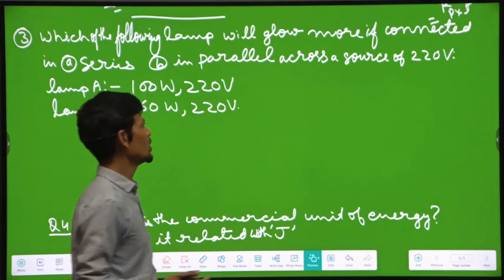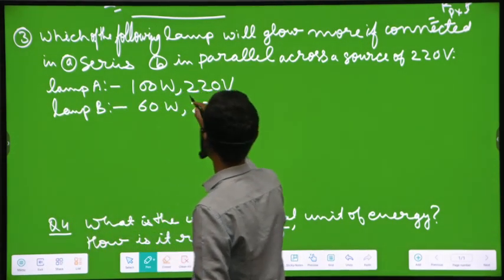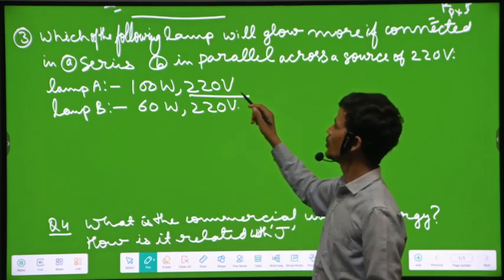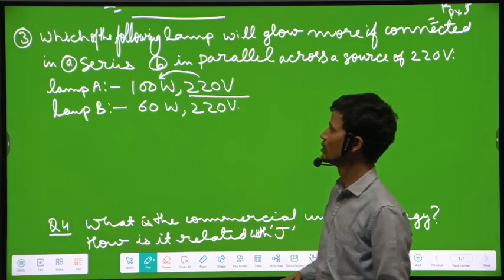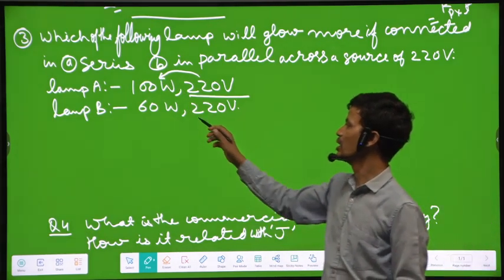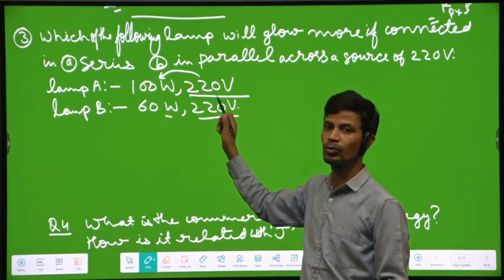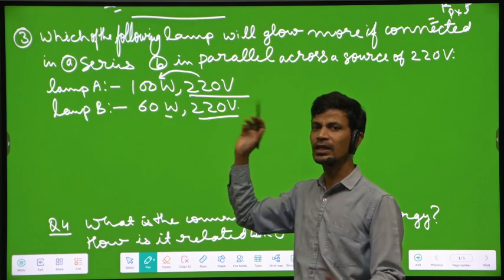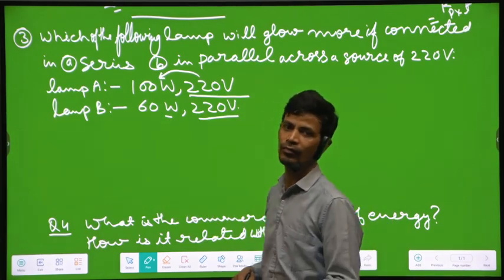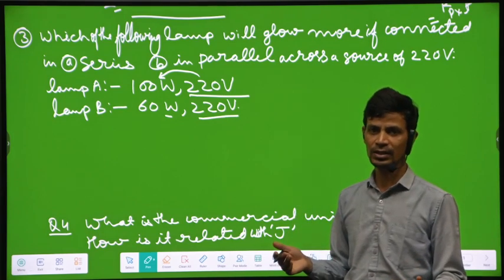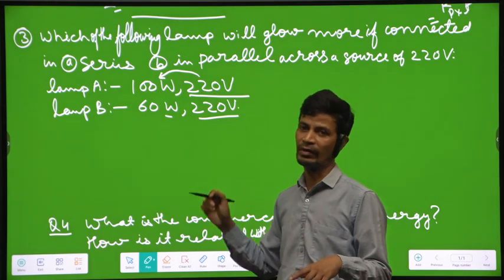First thing I want to clear, it means if this device is operated at 220 volt, it will consume energy at this rate. And same for here. If you are operating it at lesser voltage, it will not consume that much power, that much energy. I've used the term rate of energy, that is power.